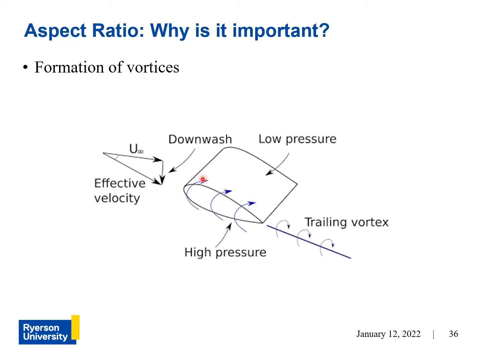Now, because we're talking about how lift is produced by a difference in pressure, and because this higher pressure air is leaking into this region, the pressure difference between this region and the ambient pressure is now lower. So that means that the lift produced at the tips, because the pressure difference is lower, is reduced.